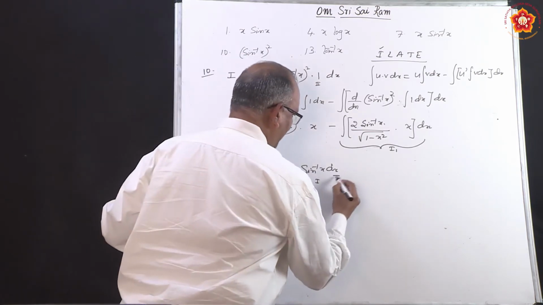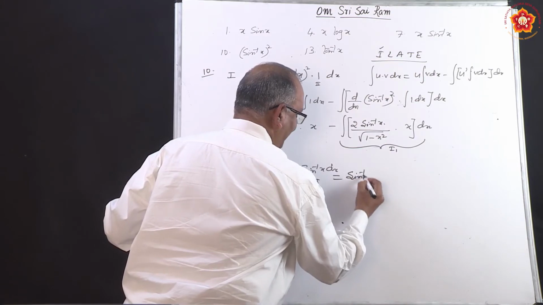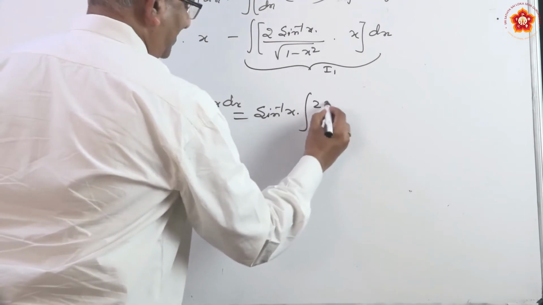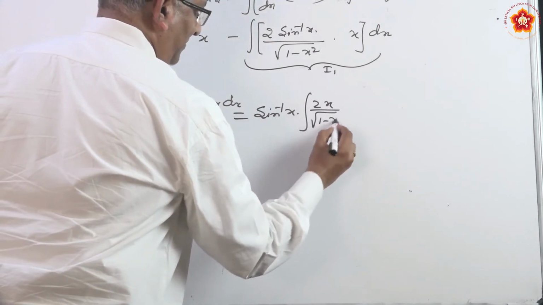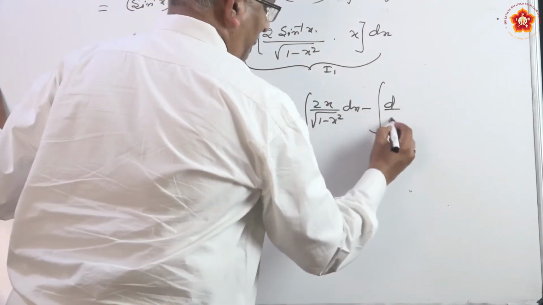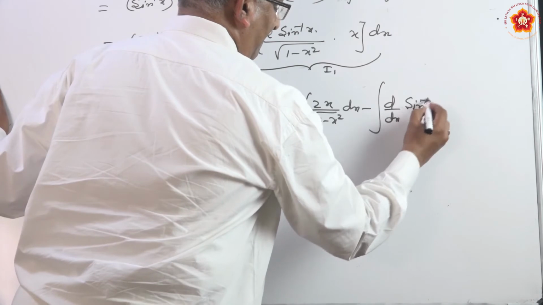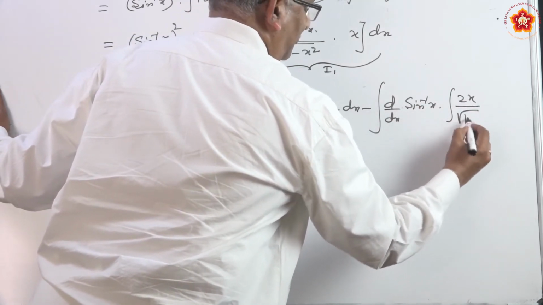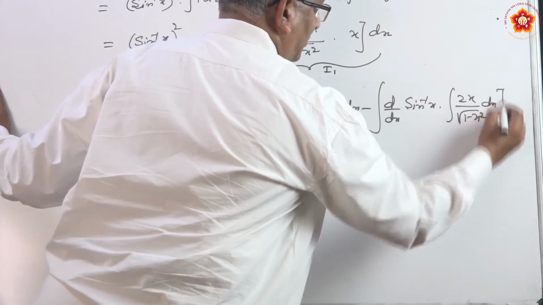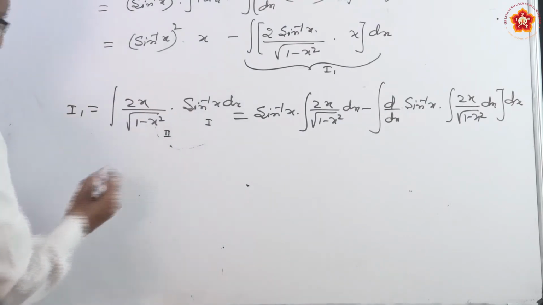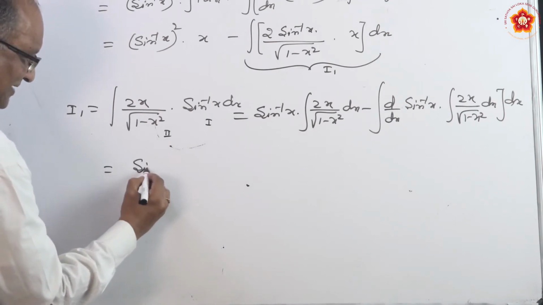So apply: first function sine inverse x into integral of second, which is integral of 2x upon under root of 1 minus x square dx, minus integral of derivative of first into integral of 2x upon under root of 1 minus x square dx, whole thing dx. Okay, so proceed. This can be written as sine inverse x as it is.